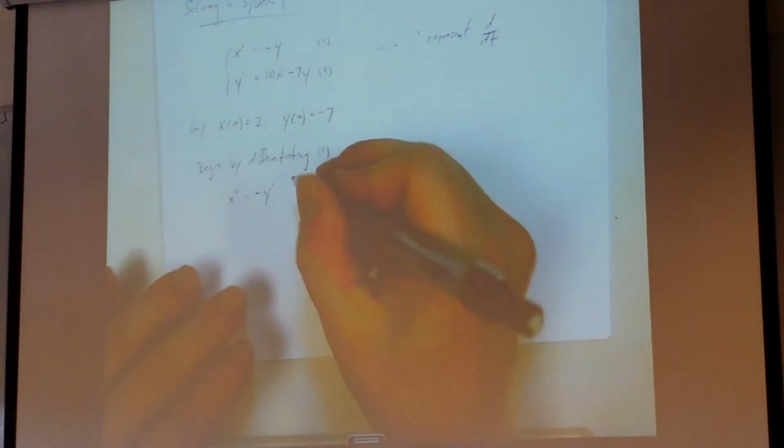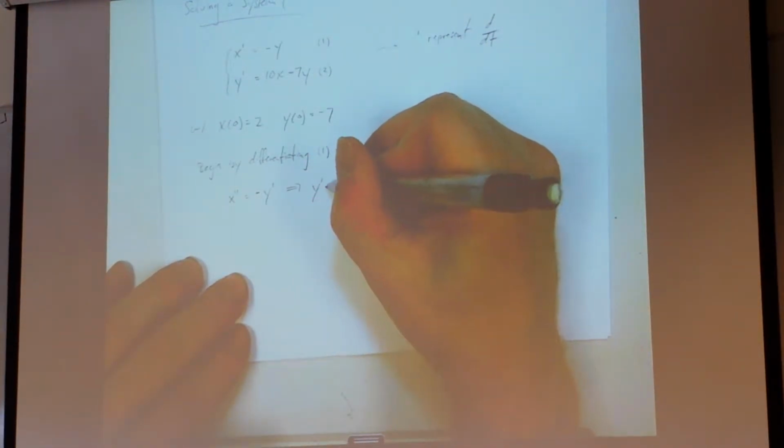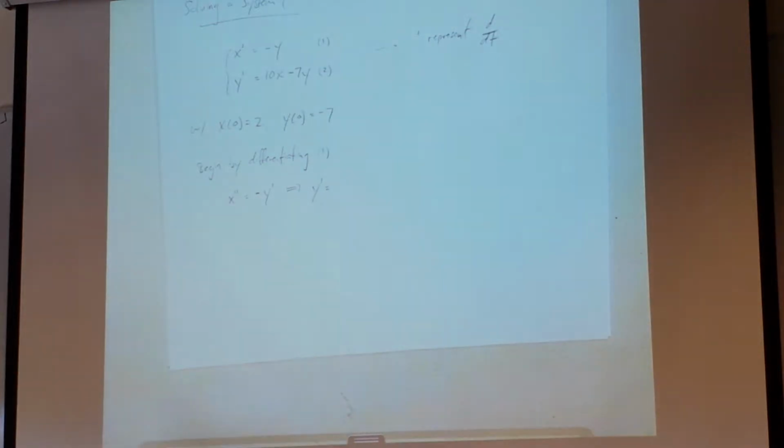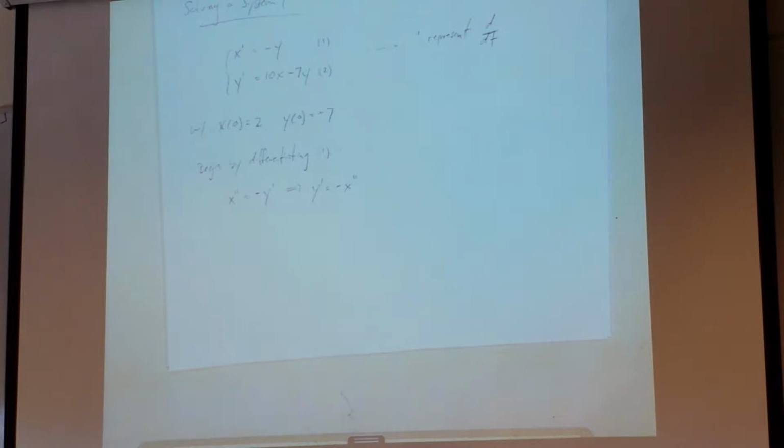And I could solve this for y prime. So y prime equals negative x double prime. So I could sub that into the other equation.